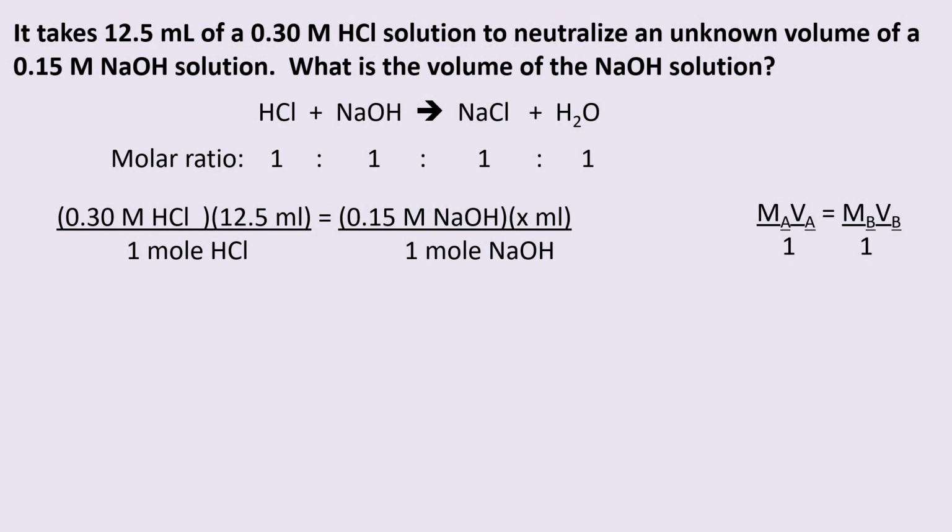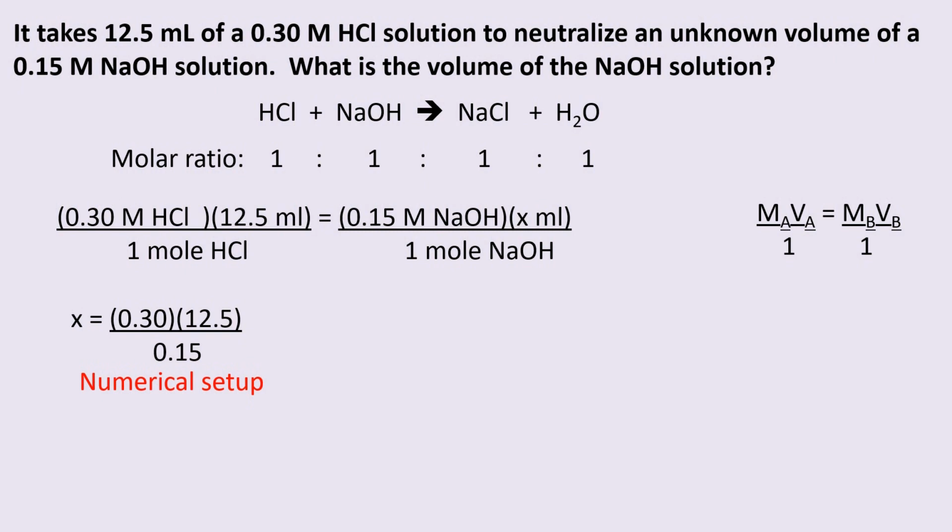Entering the information, we get the following relationship: 0.30 molar HCl times 12.5 milliliters divided by 1 mole of HCl is equal to 0.15 molar NaOH times X milliliters divided by 1 mole of NaOH.